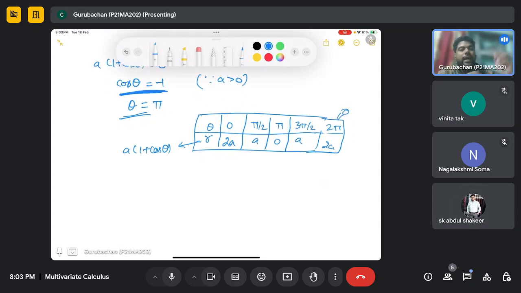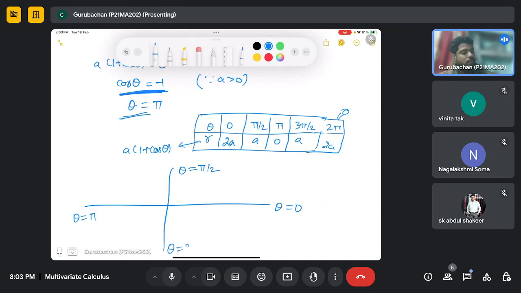Now we know that our curve is symmetric about the initial line, that is theta equal to 0, here theta equal to pi by 2, here theta equal to pi, theta equal to 3 pi by 2, and this is nothing but again 2 pi. When theta is 0, it is 2a, some positive value. When it is pi by 2, then it reaches a, like this. When it is pi, it will go to 0.